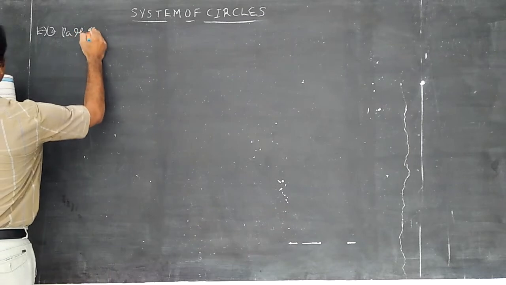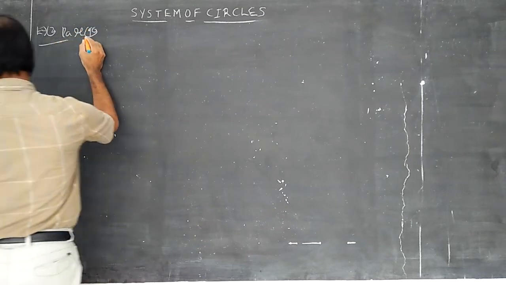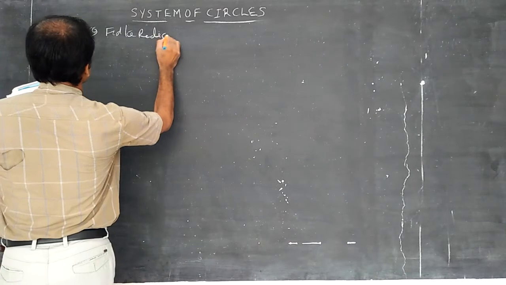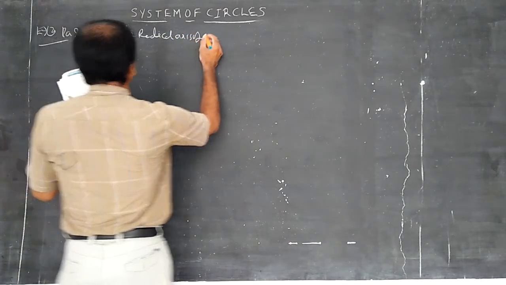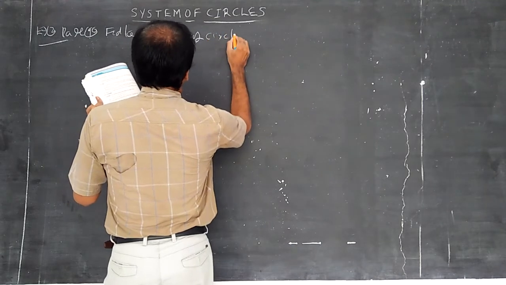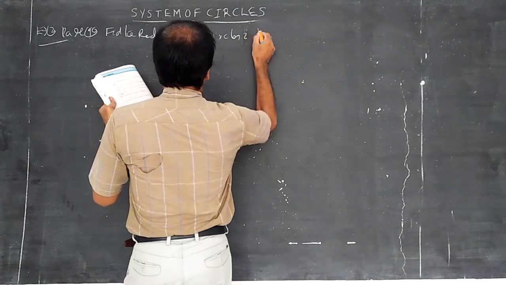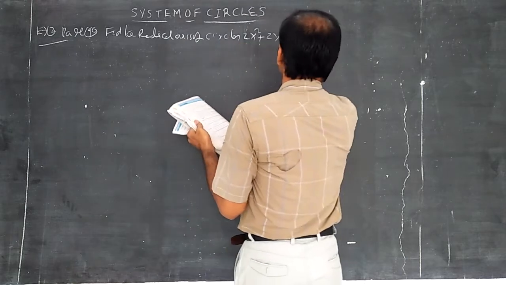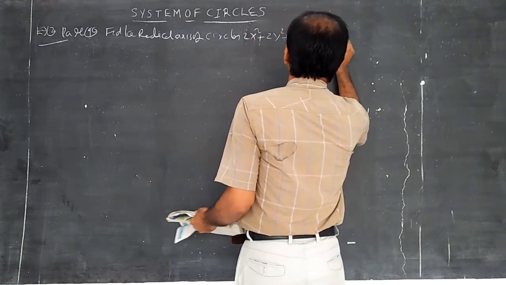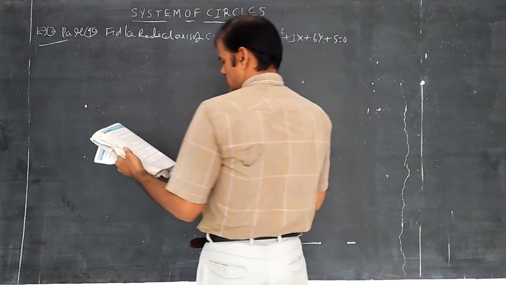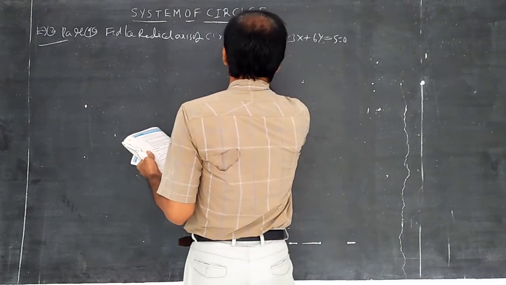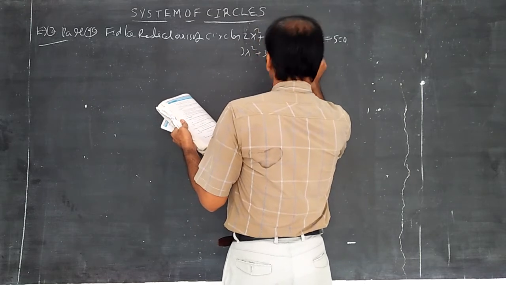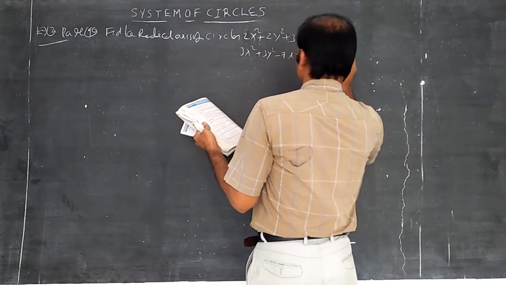Find the radical axis of the circles 2x square plus 2y square plus 3x plus 6y minus 5 equal to 0, and 3x square plus 3y square minus 7x plus 8y minus 11 equal to 0.